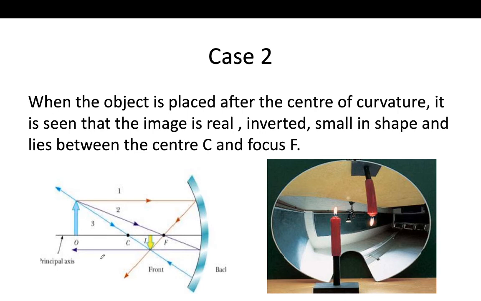Second case, when the object is placed beyond the center of curvature, the image is real, inverted, small in size and lies between the center and the focus. So if in the mirror you see that the image is inverted, small, and lies between the center and focus, this means the object is placed beyond the center of curvature.